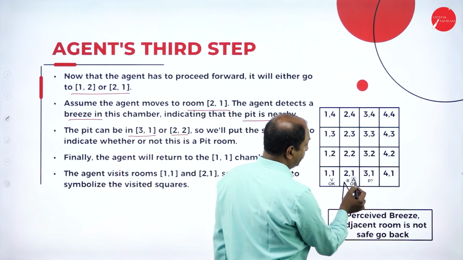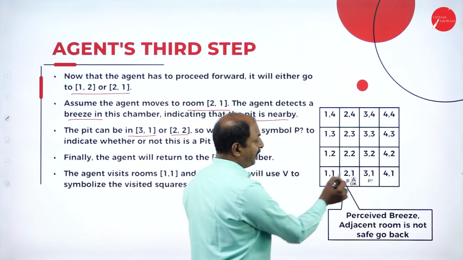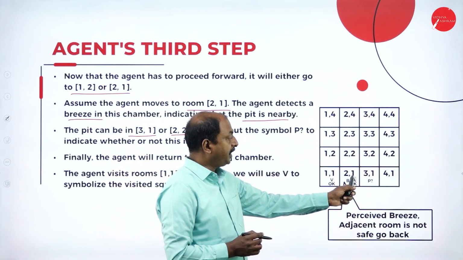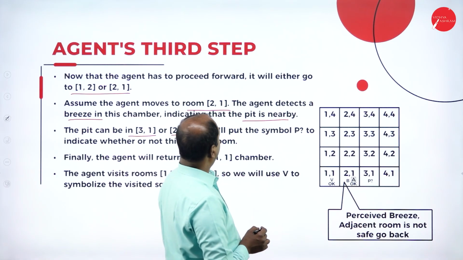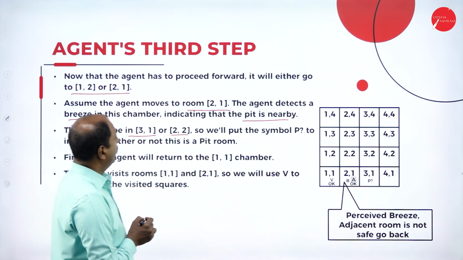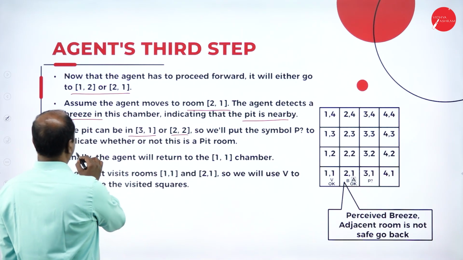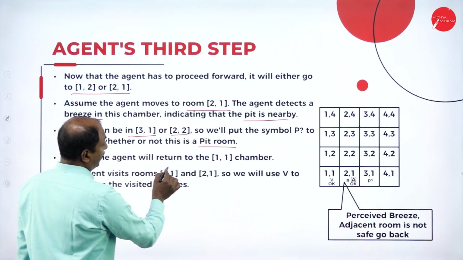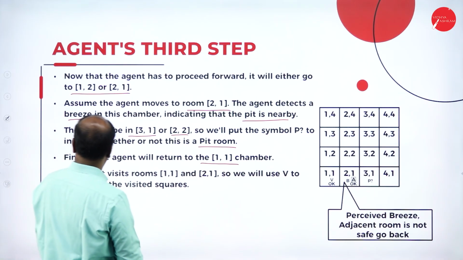The agent position is here, and we have written the symbol A. OK stands for a safe place for the agent. A is here, so the next movement for him is either 3,1 or 2,2. That indicates whether or not this room has a pit. Finally, the agent will return to the 1,1 chamber.